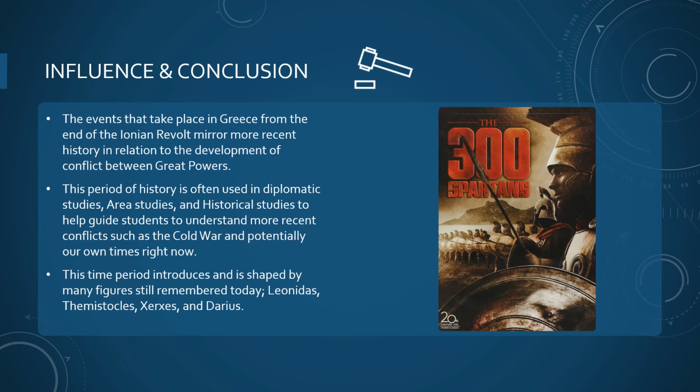Okay, so the events that take place in Greece from the end of the Ionian Revolt mirror more recent historical events in relation to development of conflict between great powers. So a reason to read this, study this, and understand this is because let's understand, Mongolia is a small country between two large great powers, China and Russia. And we have the United States, which is also looking to have influence and position in Mongolia.